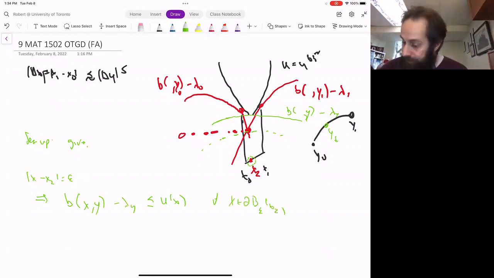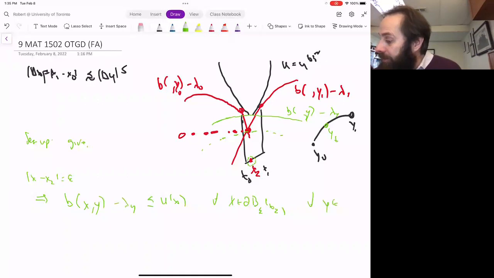And this is for all y in the sausage around the middle third of this delta sausage, y 1/3, y 2/3, let's say.